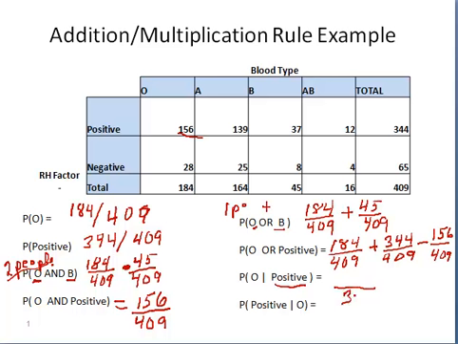So that's 344 for the denominator, and the numerator is how many O's out of that, which is 156. Okay, I'm going to do it in reverse. Find the probability that someone is positive given that they are an O. Given that they are an O, we're only picking from the total group of 184 people, and positive is 156.